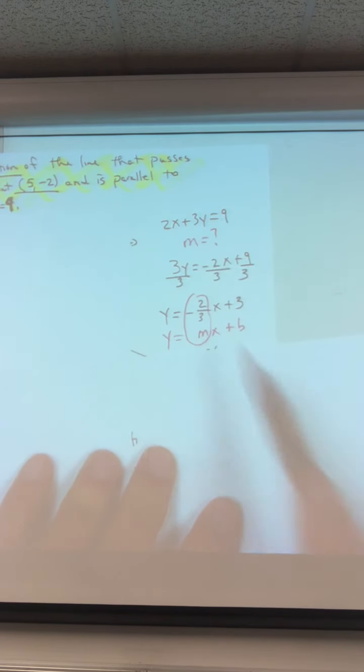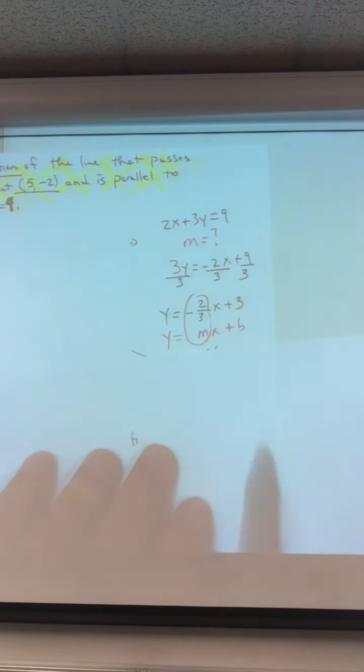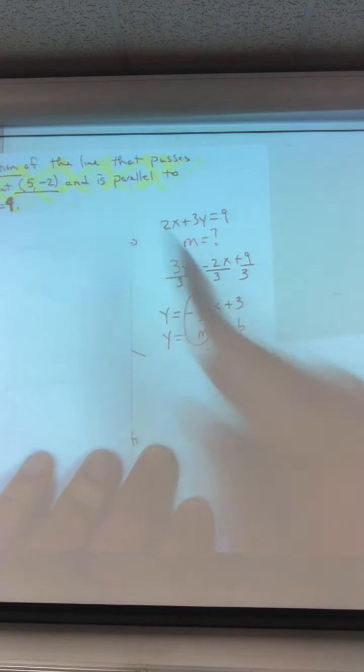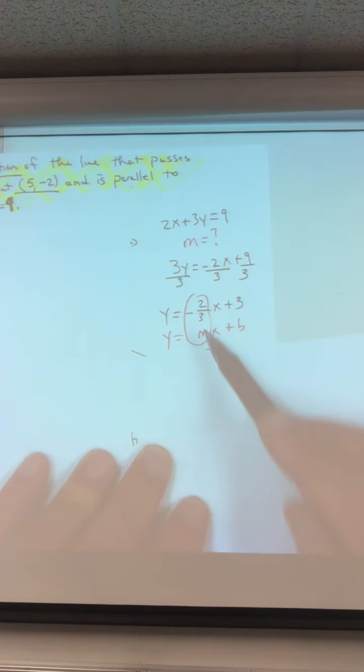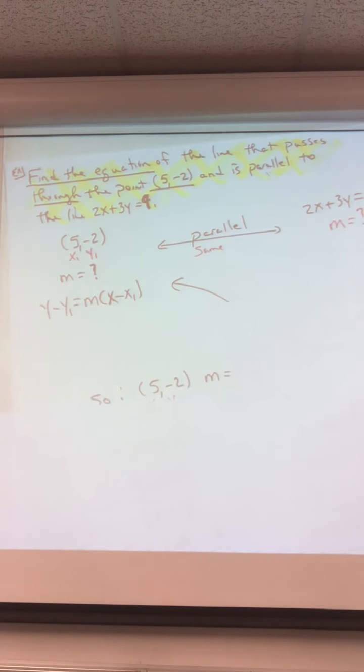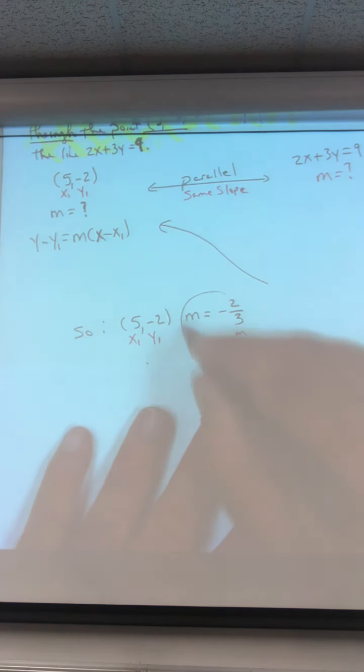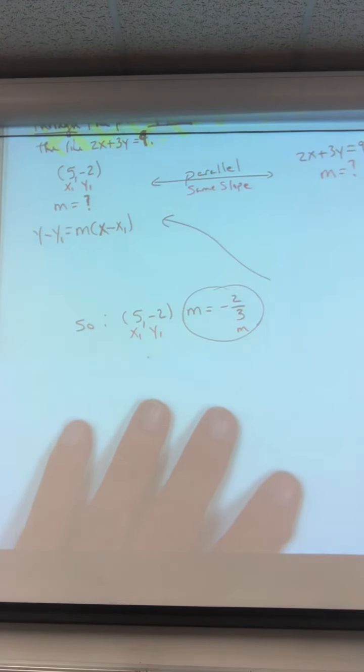Now what do we know about this line and my line? We know that they are what? Parallel. So my line will have the same slope as this one. So if this is a -2/3 slope, then my slope over here, the slope I'm going to use, is also -2/3.